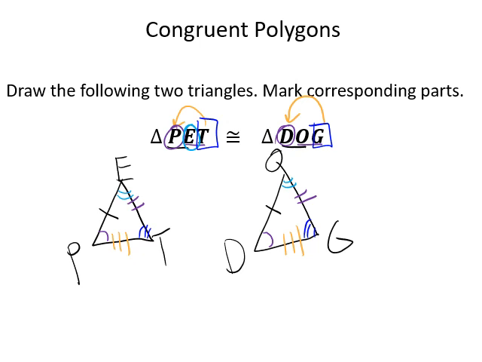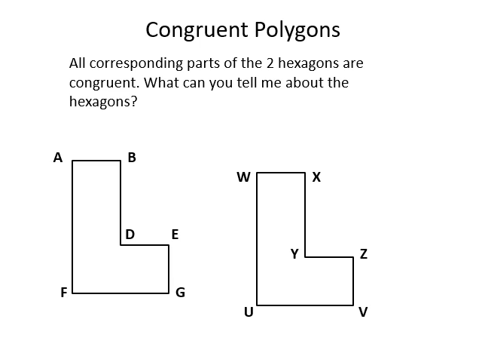Okay, now just to end real quick, if all corresponding parts are congruent, what can you tell me about the hexagon? So if, say, this was 5, this was 5, this was 6, this was 6, this was 2, 2, 2, 2, let's do 4, 4, and then 4, and then 4 again. You could tell me that ABDEGF is congruent to XYZVUW.